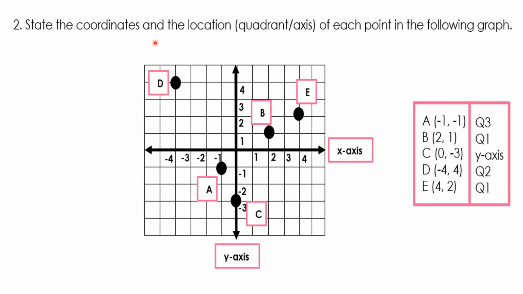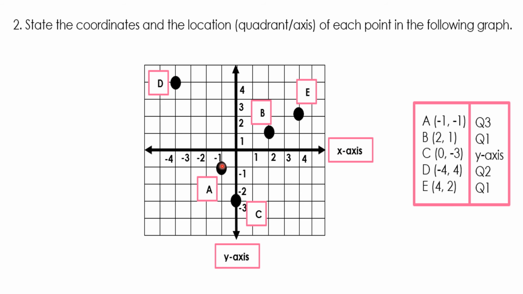Okay, now state the coordinates and the location, the quadrant or axis, of each point in the following graph. First is point A, which is (-1, -1). From the origin, we move 1 unit to the left and then 1 unit downward.